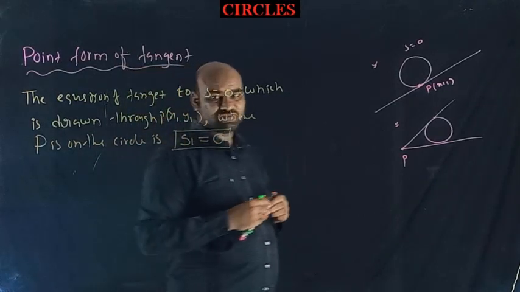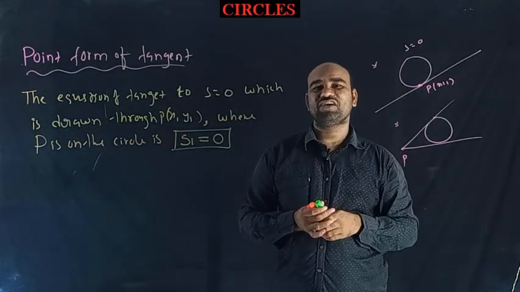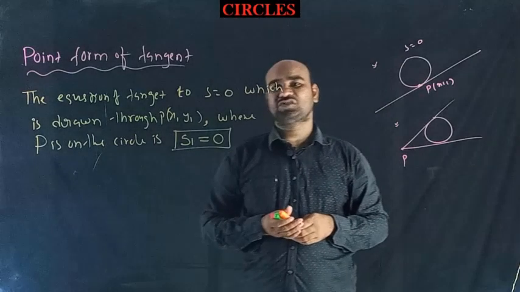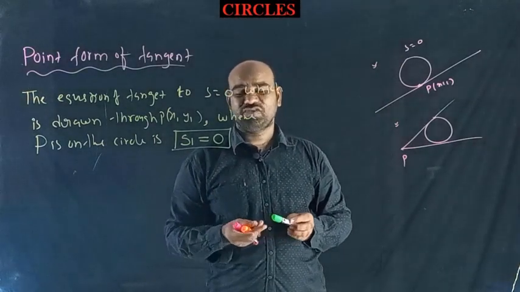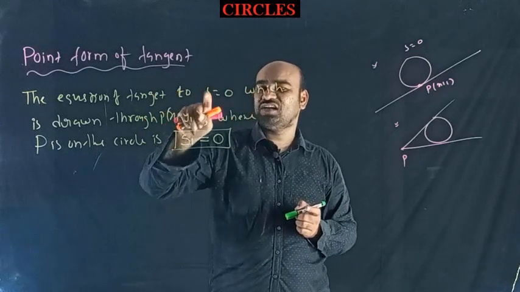S1 is already given in standard notation: xx1 + yy1 + g(x + x1) + f(y + y1) + c equal to 0. That is the equation of the tangent for this circle.